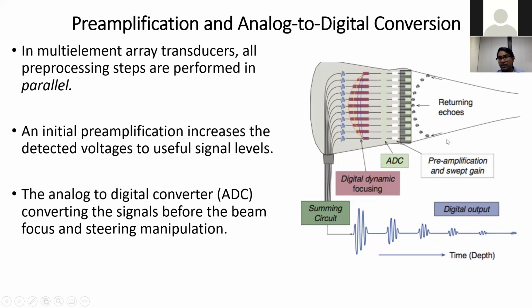Or if you're focusing here, you want this element to have the smallest delay and you want this element to have the longest delay. So depending upon where you are focusing in the field of view, we can change these delays and then sum up these delayed time signals to get a digital output which creates a single A line.